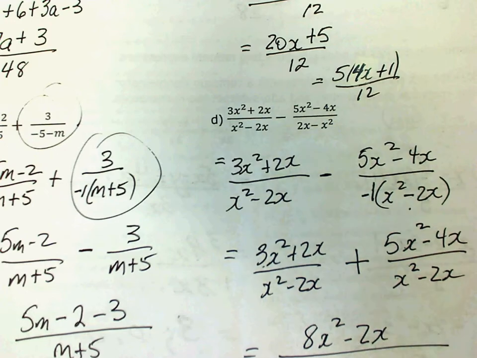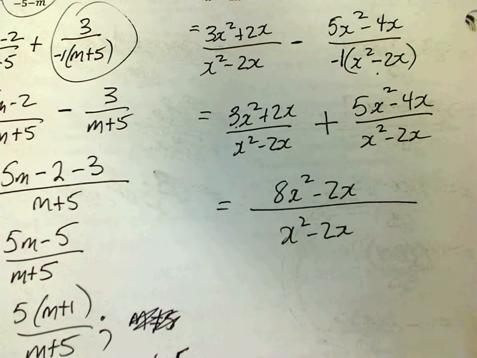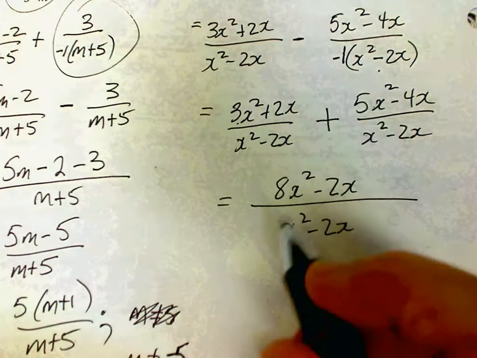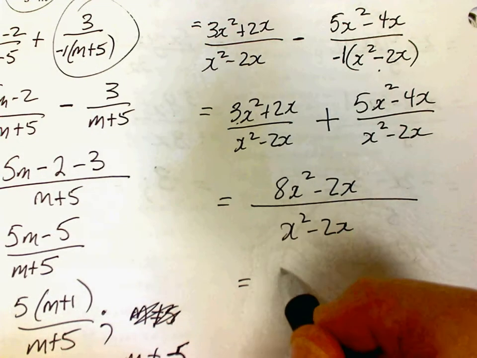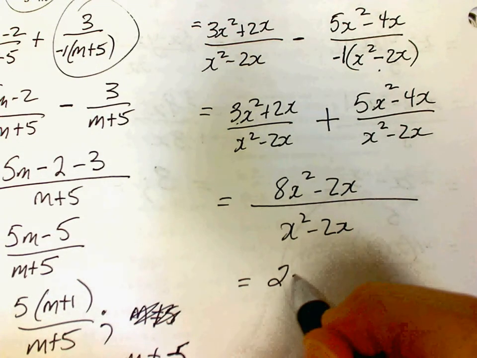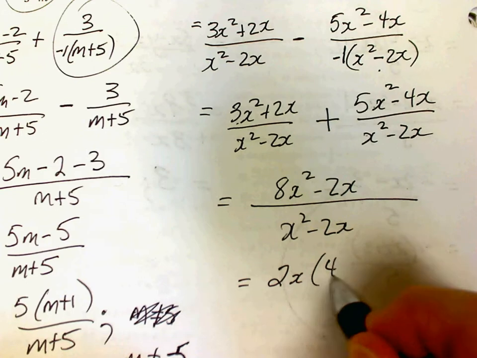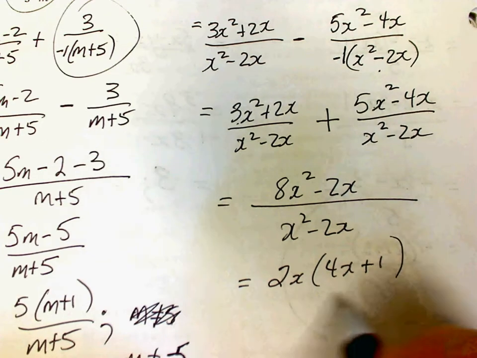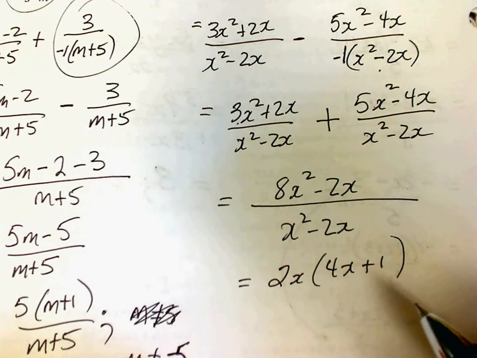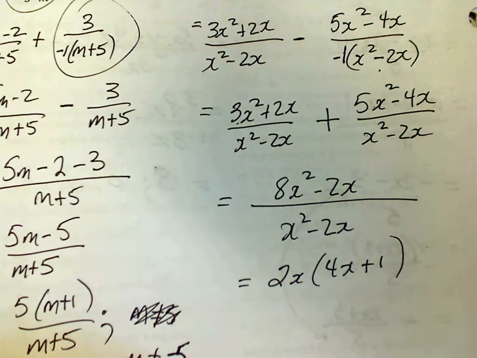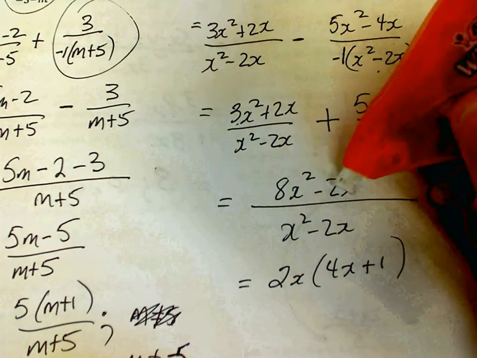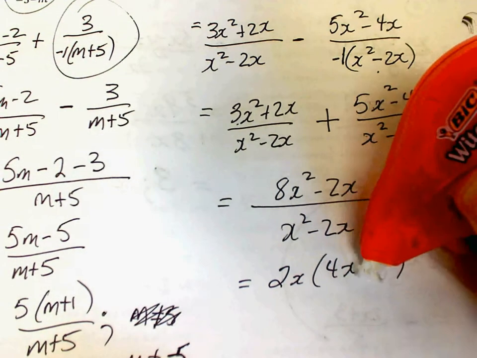Let's do some factoring so that we can reduce to lowest terms. So out of the numerator, I'm going to take out a 2x. That should be a minus, right? Negative 2x divided by 2x is minus 1.